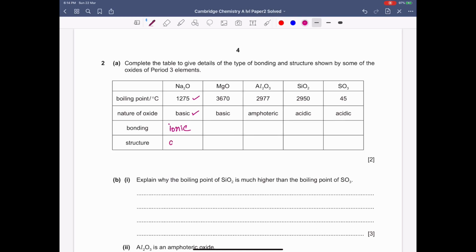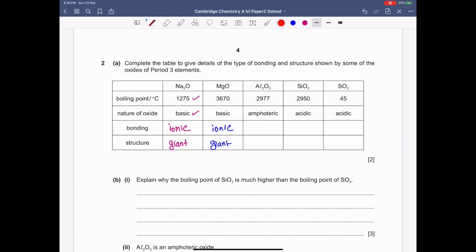And structure will be giant lattice structure. That's because ionic substances are giant. Magnesium oxide, boiling point 3670, basic, ionic, and giant. Aluminium oxide, okay, again same indication except that it is amphoteric.